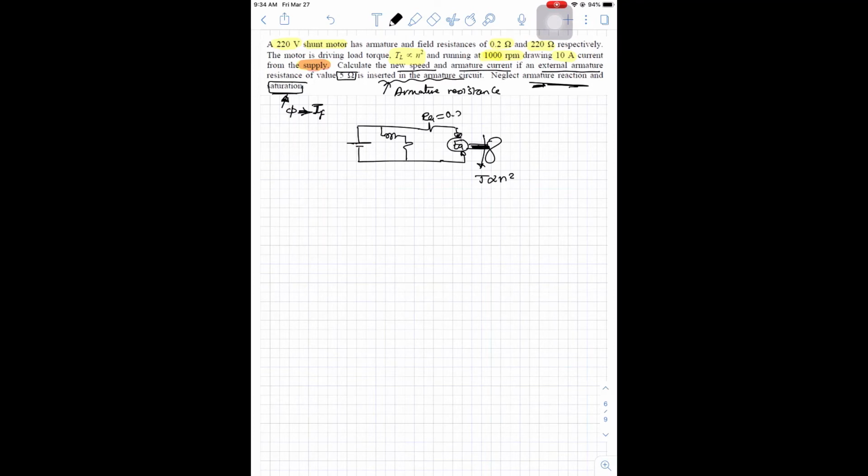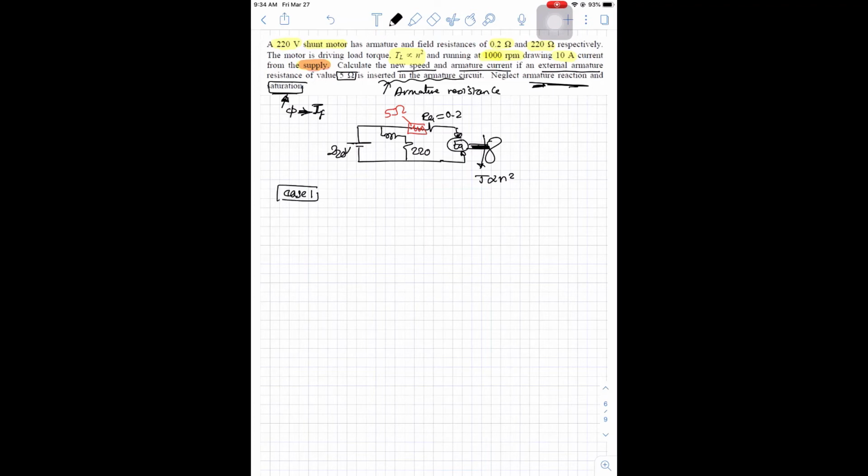This RA is 0.2, RF is 220 ohm, the source here is 220 volt, and the machine was running. Then we inserted a 5 ohm resistor, and we need to see what the speed will be. As we mentioned, we will divide our problems into cases, one full case and then cases with some missing data. So let's start by defining the cases.